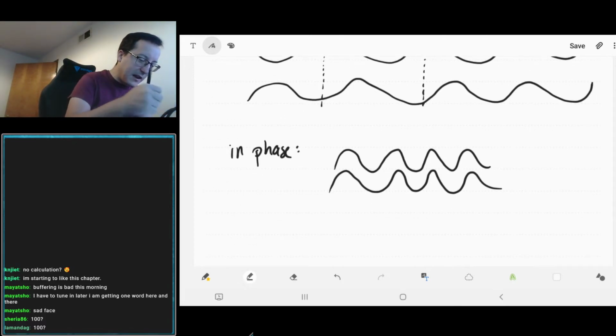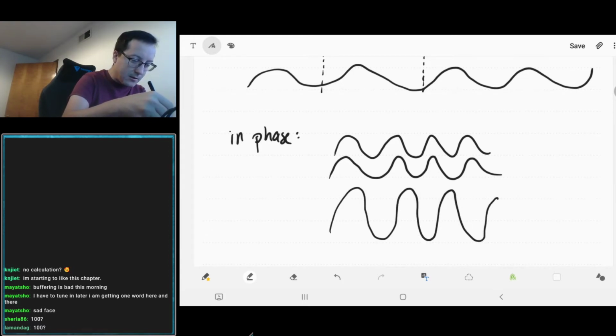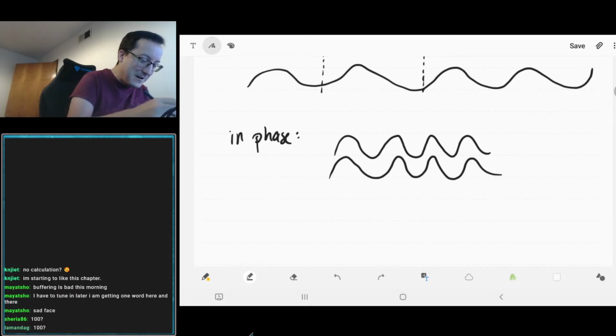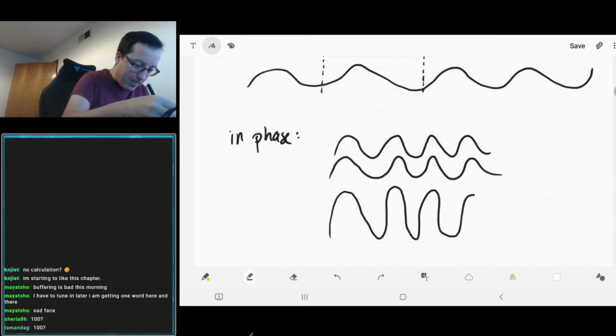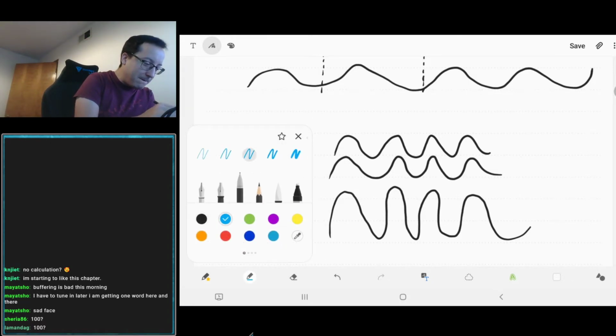How those actually end up working is they will kind of combine together. Let me redraw that because that was really awful. Okay. Again, I'm sorry, my horrible drawings just look like I'm just drawing squiggles, which I kind of am.